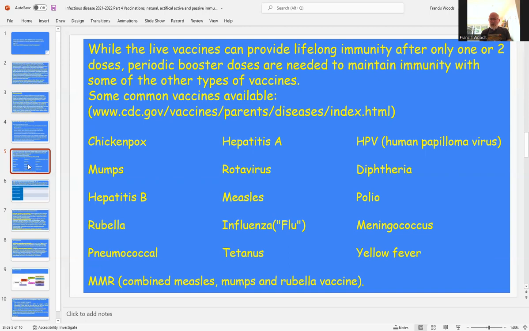But that's all been debunked now by science. The MMR is a combined measles, mumps, and rubella. Rubella would be things like German measles. Mumps we all know of as the glands swelling up.